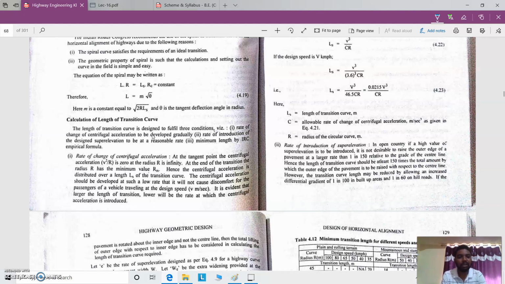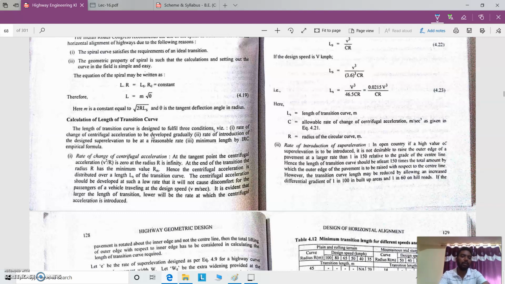The conditions are the rate of change of centrifugal acceleration, which can be gradually increased over a particular length; the rate of introduction of designed super elevation, which is another case; and third, the minimum length given by the Indian Road Congress by some empirical formulas.